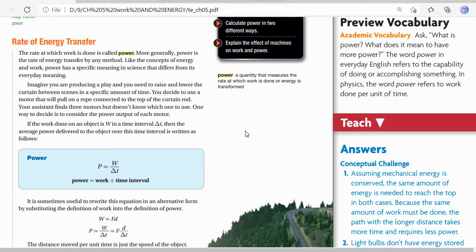Power is sometimes the rate of energy transfer. You can see the definition here: a quantity that measures the rate at which work is done, how much work is done, or energy also, because work is a change in energy, as you know. Work or energy, both of them we are speaking about with the power.